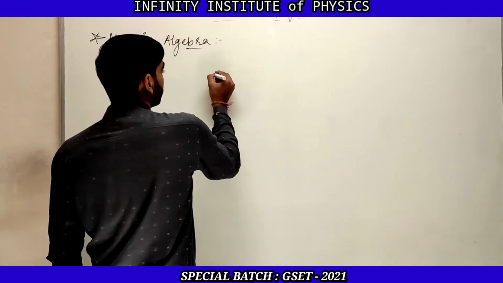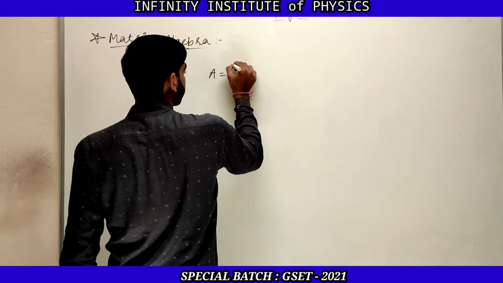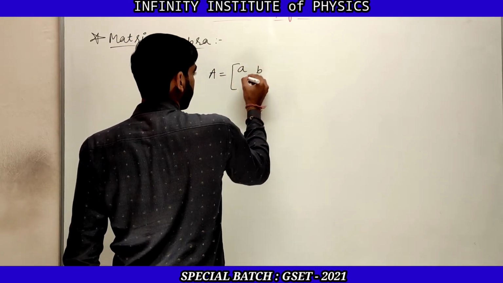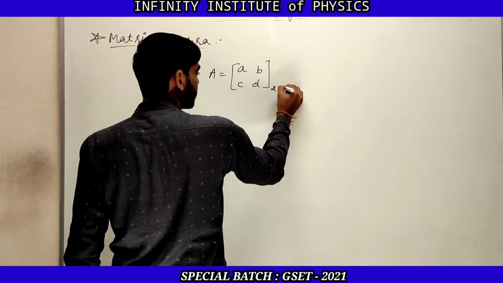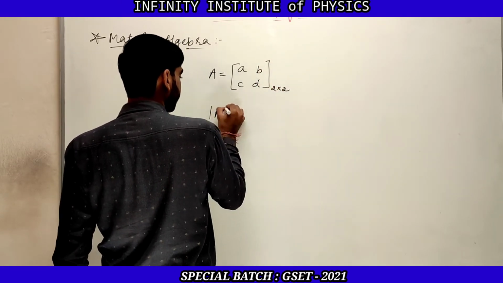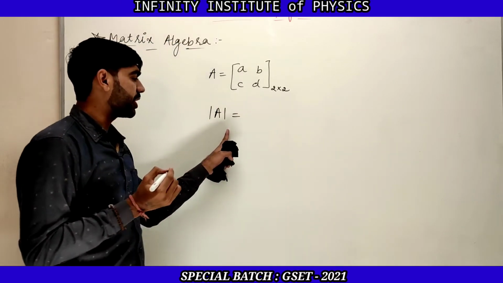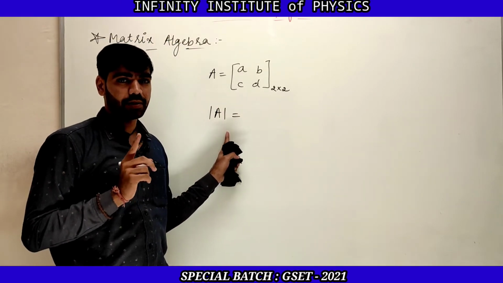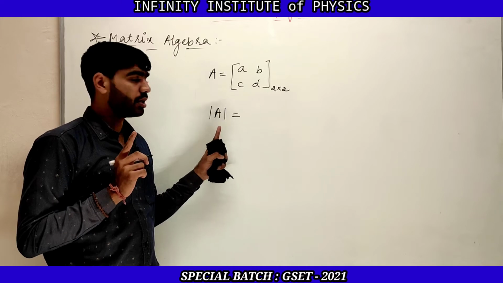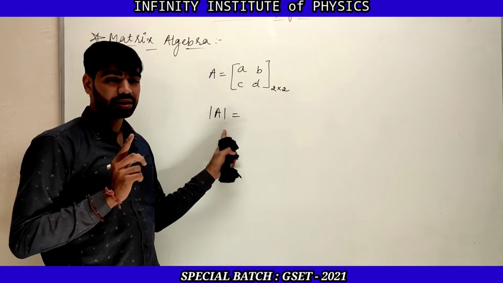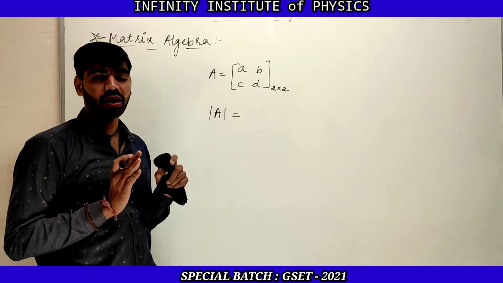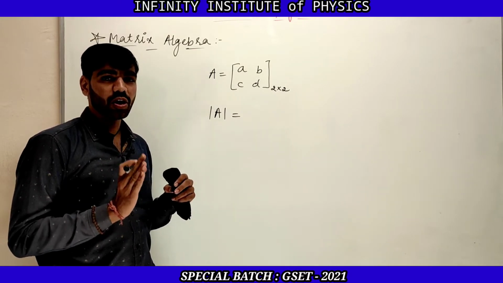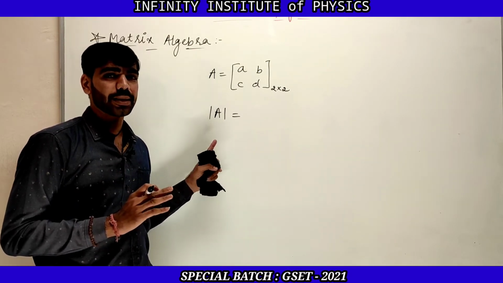Suppose we have a 2 by 2 matrix A, B, C, D. Then this is the determinant of A, not the mod of A. Please remember it carefully. This is known as the determinant of A, not the mod of A, because mod can be applied on a number, not on any matrix.